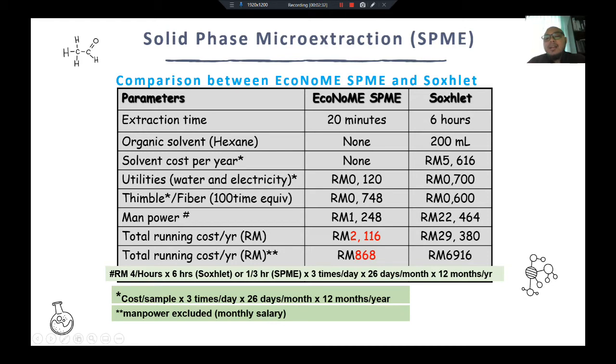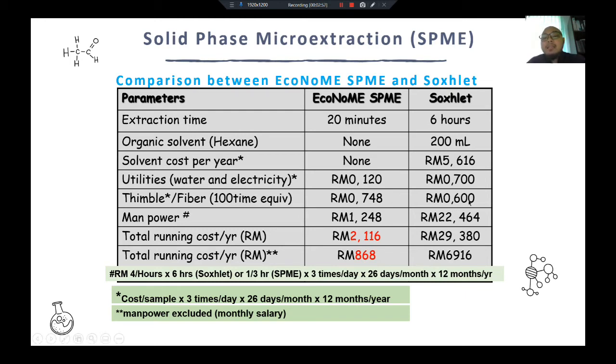Okay, I'm not sure 120, if you divide by month pun baru RM12, tak sampai RM10 je lebih kurang sebulan kan, not that much. Okay, so if we calculate, the cost of the per timber is around RM6 lah, one timber untuk sampel. So cost dia sebenarnya lebih kurang ya.